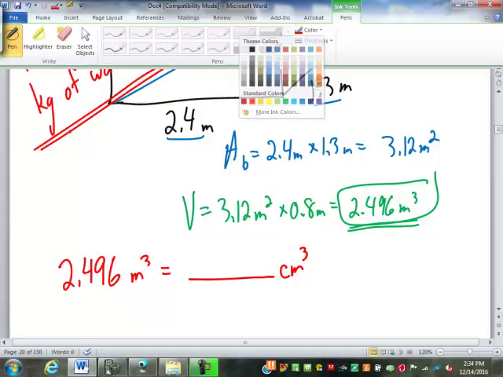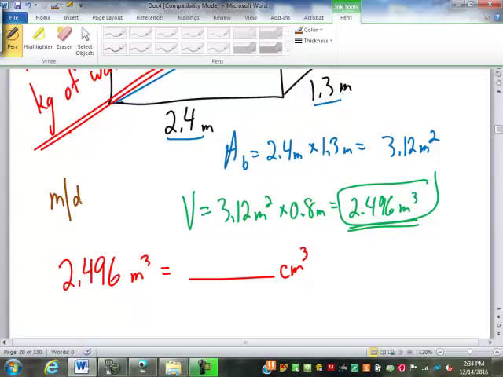On the chart, from meters to centimeters, it is 2 spots to the right. But now, because this is cubed, how far do we have to move the decimal point? Three times that, right? So it's going to be 6 spots. 2 spots on the chart times 3, because it's cubed, is 6 spots. So 1, 2, 3, 4, 5, 6. We've got to add zeros. So that is 2,496,000 cubic centimeters.